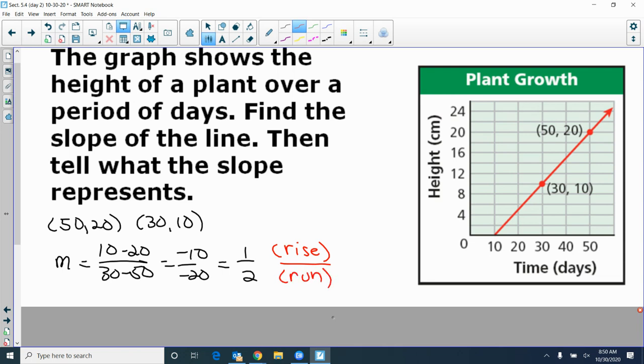Rise is the vertical. What is represented on the vertical side? Connor? Height. So think height. What's represented by the run? What's represented by the x? Christian? Time. And time is represented in what in this case? Is it minutes? No, it's days.